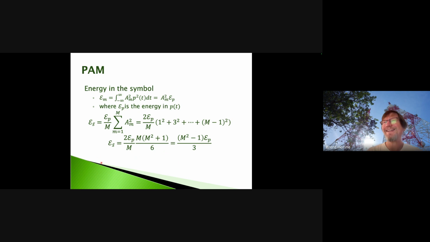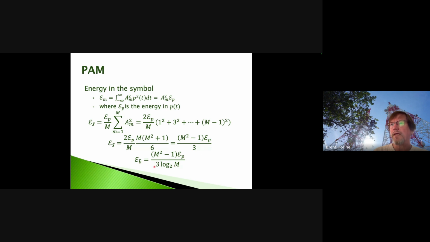Just trust me. And so then we can simplify: these m's cancel, that 2/6 becomes 1/3, and we end up with this relationship right here. So we can put that in terms of our m also, where we're now moving from the average energy per symbol to the average energy per bit.